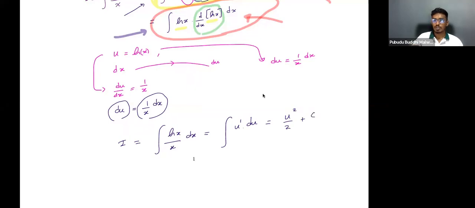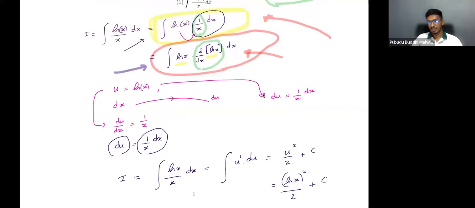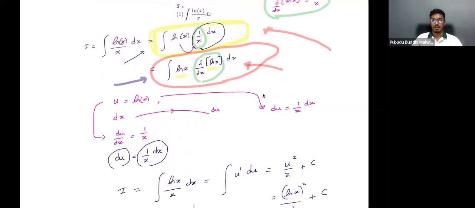Here u equals natural log of x. Whole thing squared over 2 plus c. That's the answer. Identifying the correct substitution is very important, because after that, computing the integral is quite easy, right?